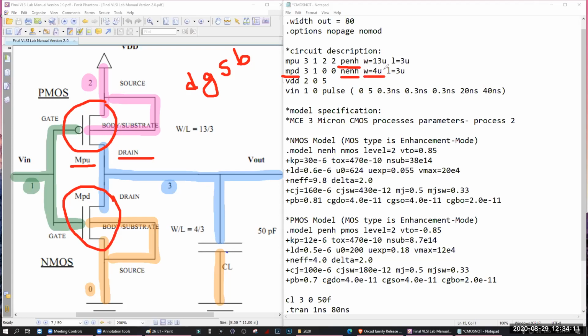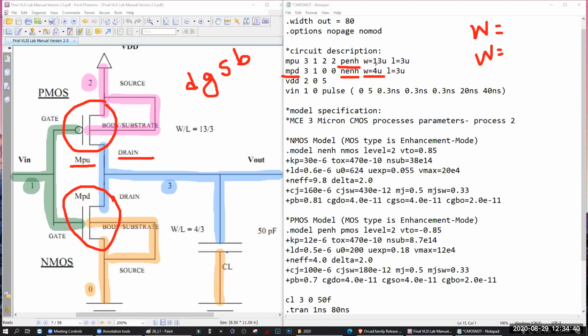W is equal to 4. Why was the earlier one 13 and the later one 4? Because PMOS width is always bigger. NMOS width is always smaller. Why? We will explain later when we do the theory. Remember this, maybe in the next class we will need this. PMOS width is 13 and NMOS width is 4.